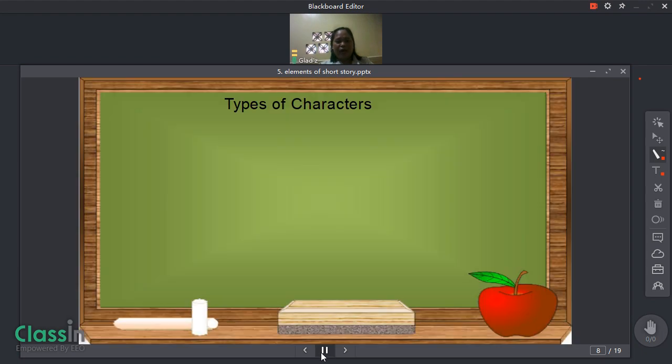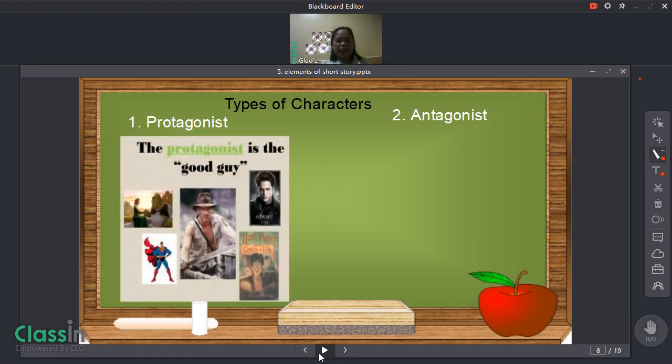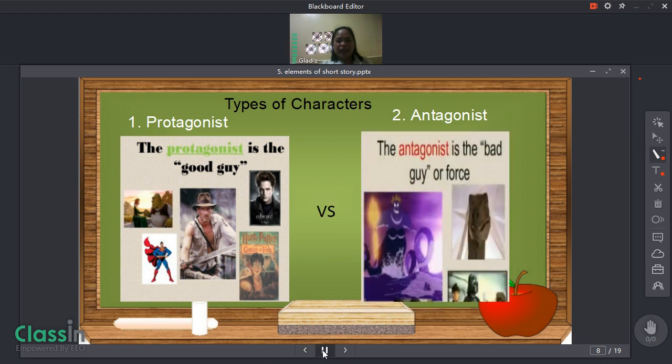Okay, in the characters, we have types. We have first the protagonist, and the other one is the antagonist. The protagonist is the good guy in the story, or the main character in the story. While the antagonist is the bad guy or the force in the story.